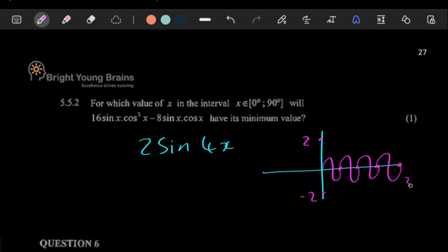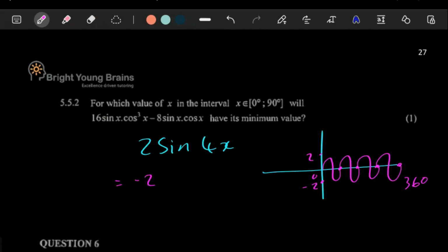This is what it looks like from 0 to 360. Let me adjust this so that the 2 is over there and the -2 is somewhere down there. So the minimum value is equal to -2. That's the lowest value that graph goes to.